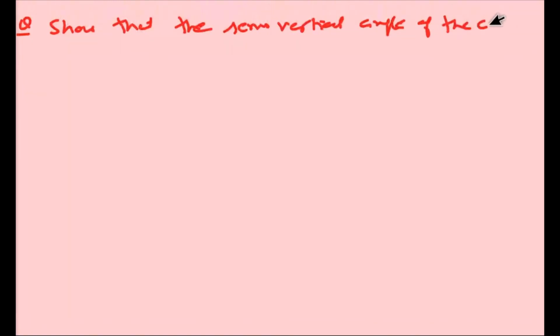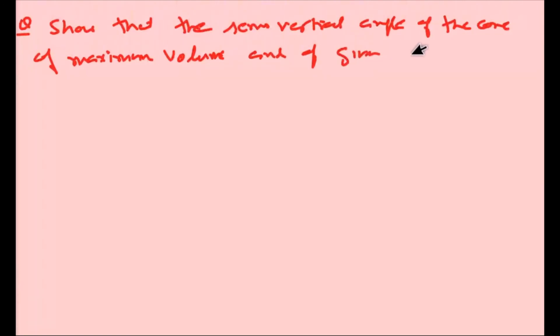Show that the semi-vertical angle of the cone of maximum volume and of given slant height is tan inverse root 2.